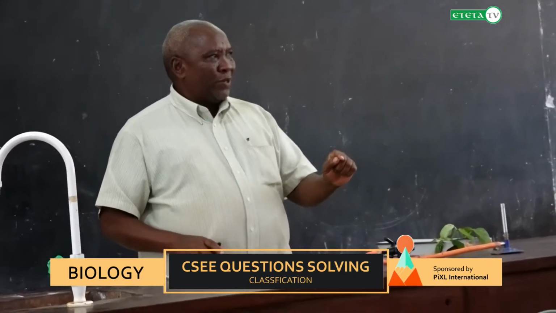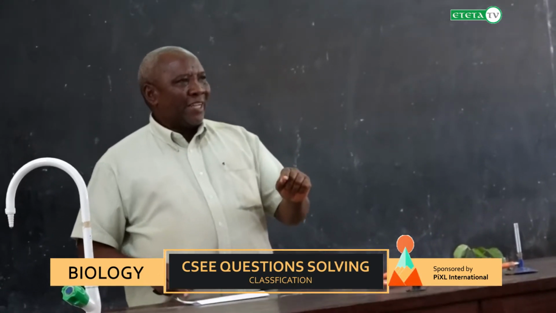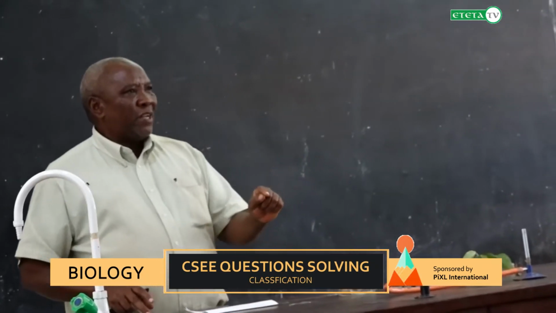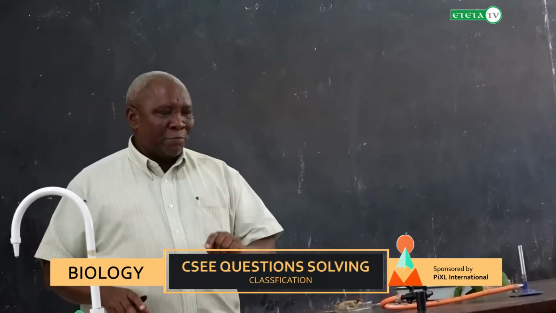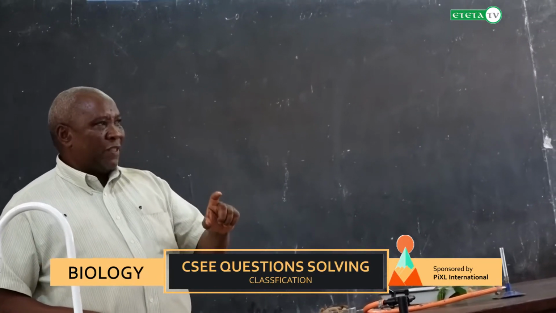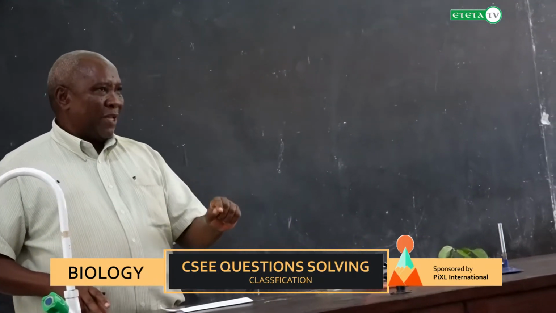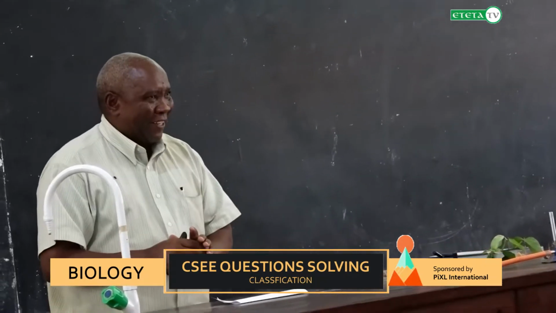So it means that you have to give the kingdom of the specimen, and also the phylum or the division of the specimen. If it is a plant, give the division of the specimen. If it's an animal, give the phylum of the specimen. Okay?